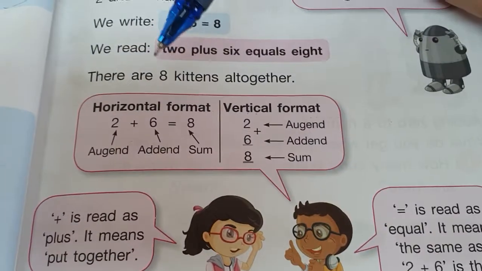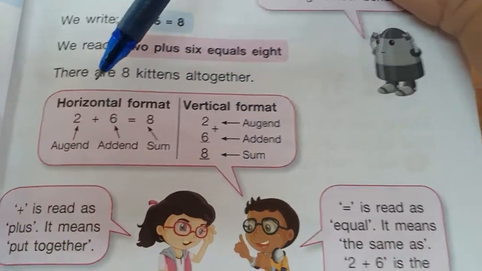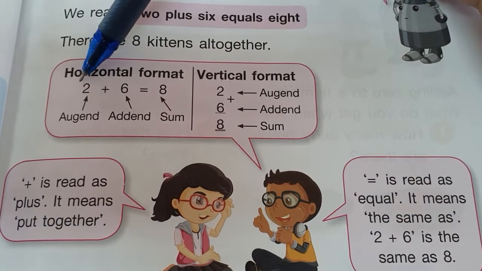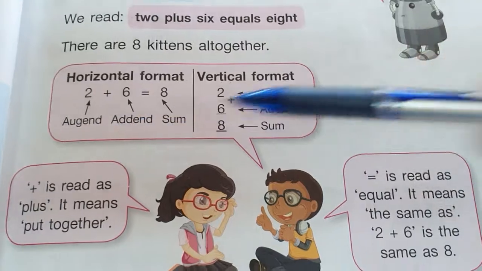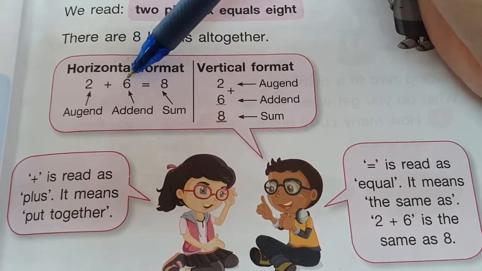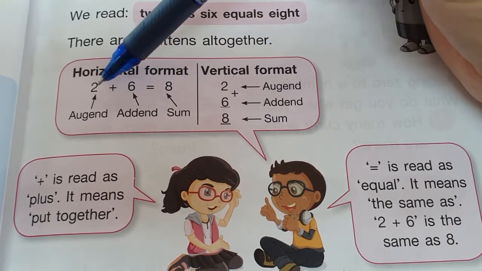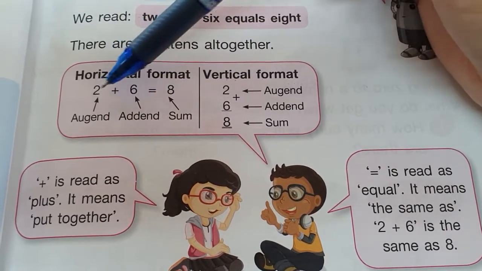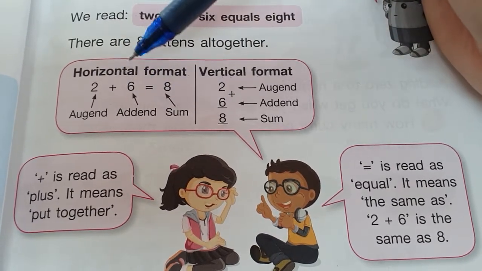And this is how you write the number sentence in horizontal format. Horizontal format, then you write it as a line. 2 plus 6 equals 8. And these specific numbers here, they have names.